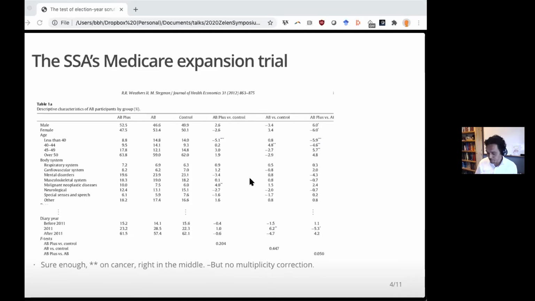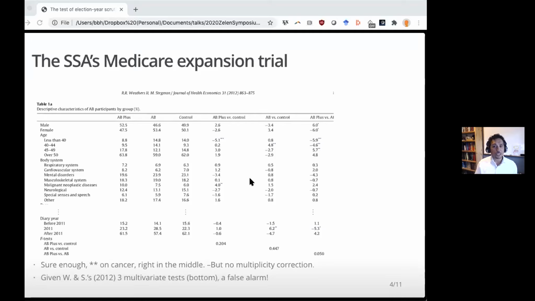There are many. As best I could tell, there actually were no multiplicity corrections being made here. So that 4% with 2 stars by it, maybe that was more cancer than you would expect to see, or maybe this was just chance having its word in a table of a whole bunch of different comparisons.